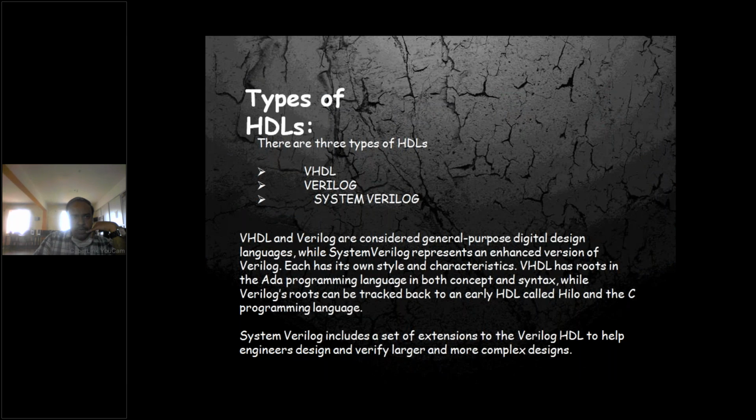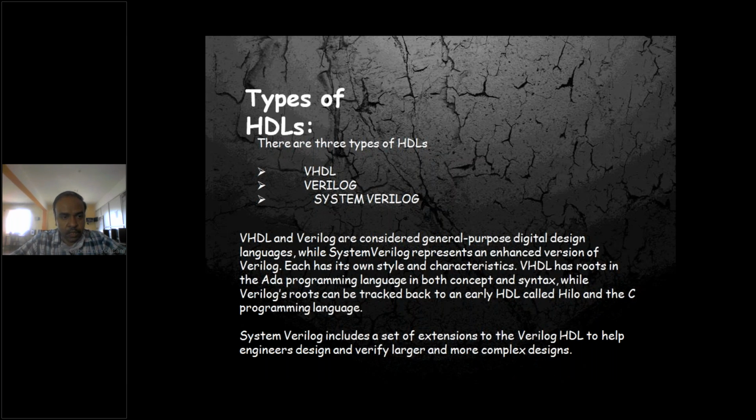So types of HDL, as I told you, mainly there are three types. One is VHDL, Verilog, and one more important one is SystemVerilog. VHDL and Verilog are considered general purpose design languages, while SystemVerilog represents an enhanced version of Verilog. Each has its own style and characteristics.